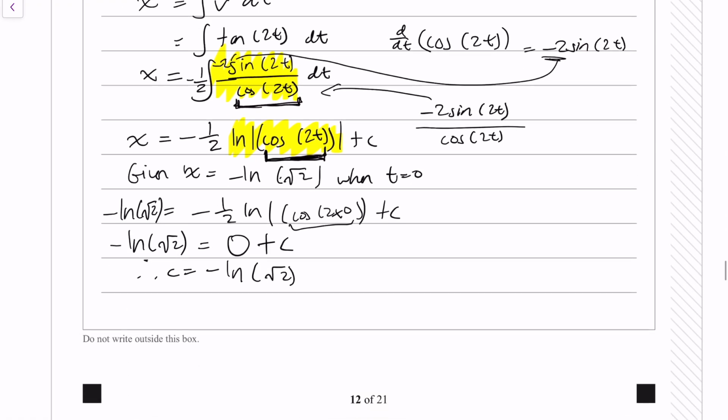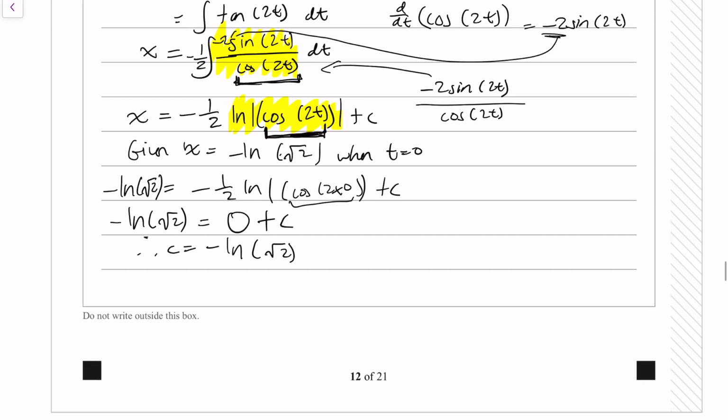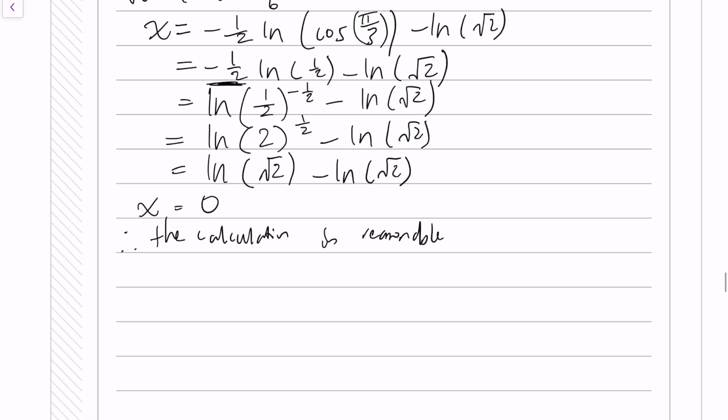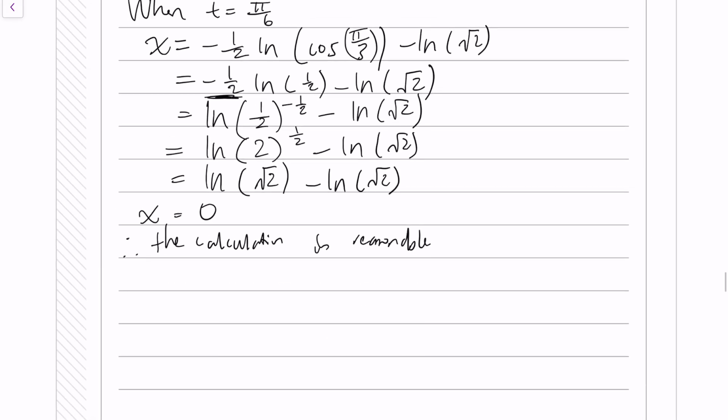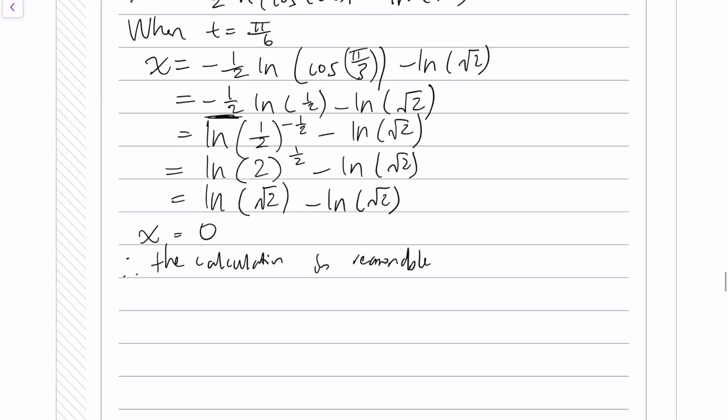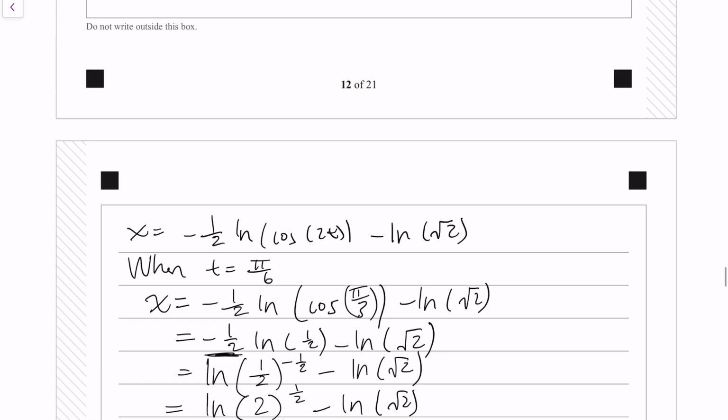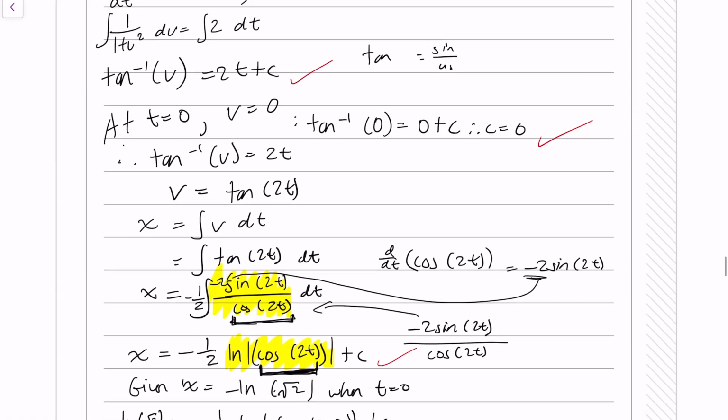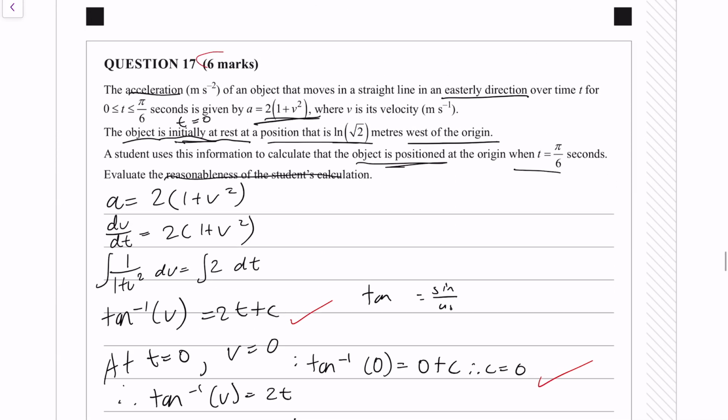Second mark, the general equation for the displacement in terms of time, this one, and then find the C value, that one, and then determine the result for when t equals pi over 6, this one, and then the calculation is reasonable. It's providing a statement for the reasonableness. Okay, so that's 6 marks there. Easy.